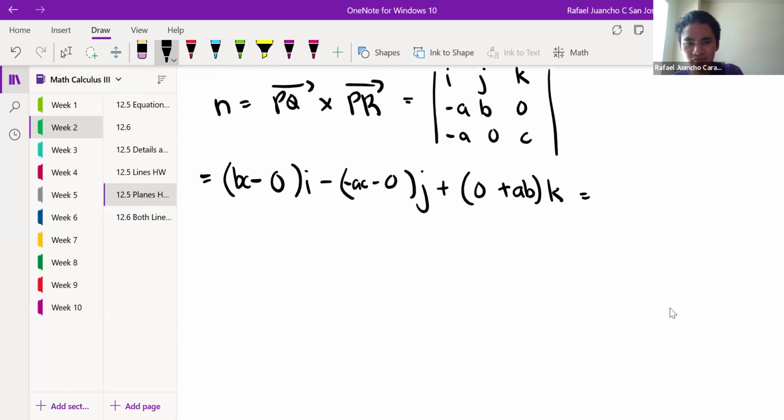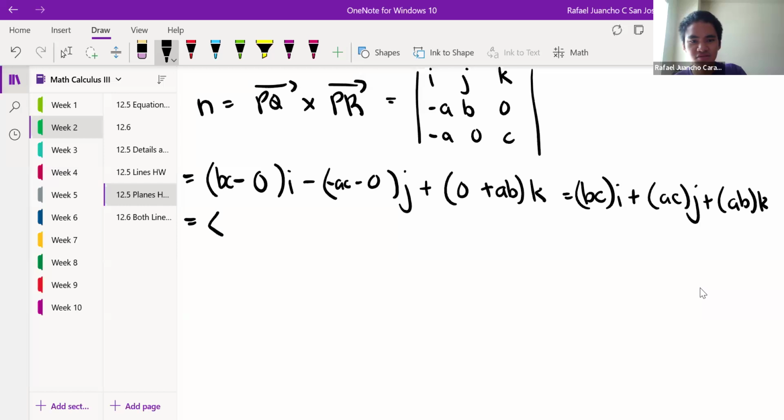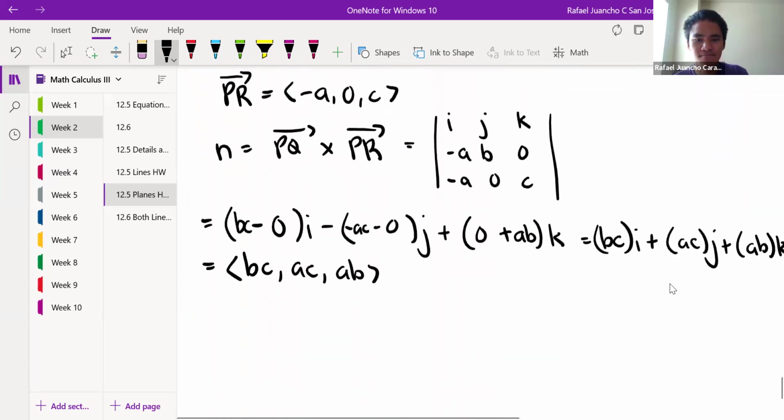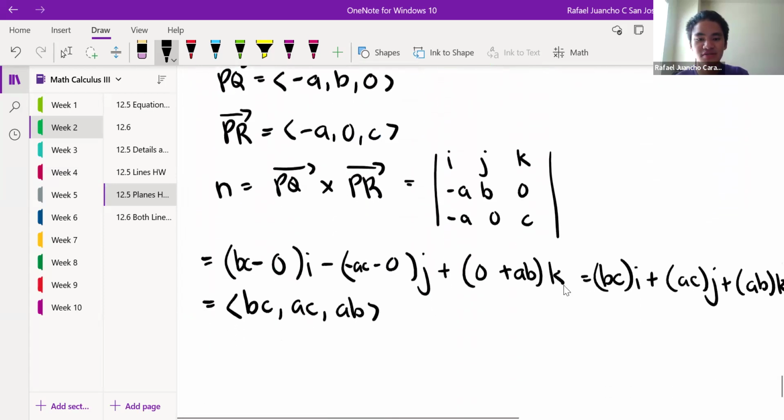Now we can translate this. So this is BC i, plus AC j, and plus AB k. So now we have these components: BC, AC, AB. These are just numbers, right? So now we have our initial point, A, 0, 0, and we have our normal vector.